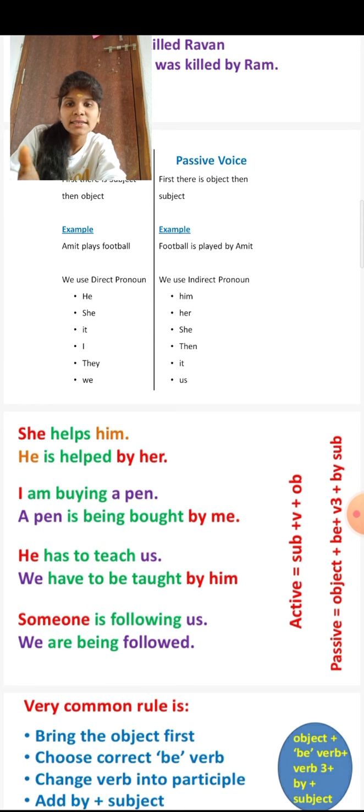So when it is done in passive voice, subject plus be form plus V3 plus preposition plus object again. So she helps him, when we translate the sentence into passive voice, he is helped by her. The passive voice structure is receiver plus verb plus doer.